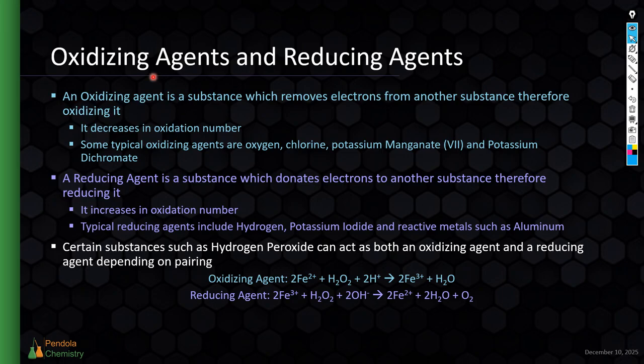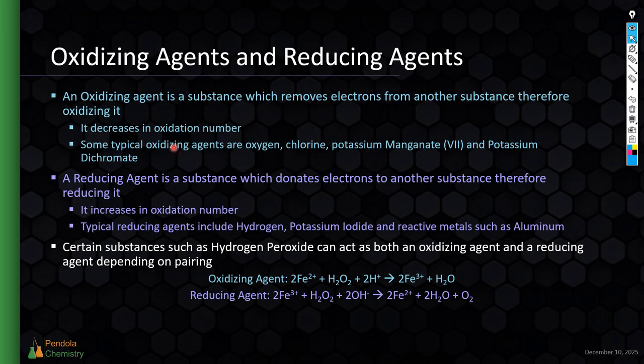For a chemical to remove electrons from something else, it needs to itself gain those electrons, meaning it is going to be reduced itself. So oxidizing agents oxidize other things, but they themselves get reduced, meaning their oxidation number is going to decrease while the oxidation number of the thing they're interacting with goes up.